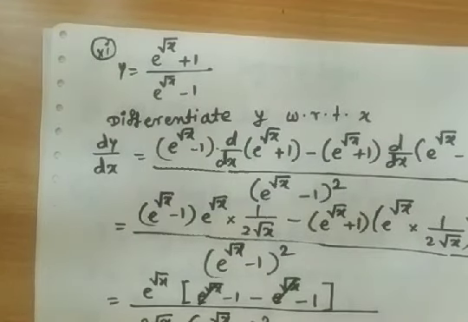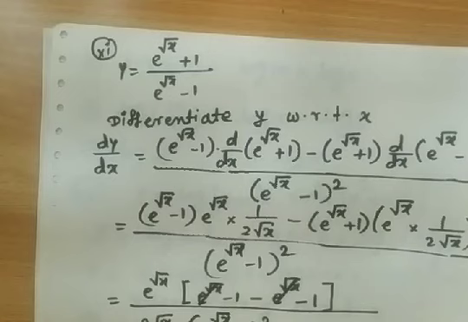Just like the 10th example, y is equal to e raised to root of x plus 1 divided by e raised to root of x minus 1. Then differentiate this with respect to x, we get dy by dx is equal to, use here, similar to the 10th example, the u upon v formula, that is the rule of differentiation of the quotient.